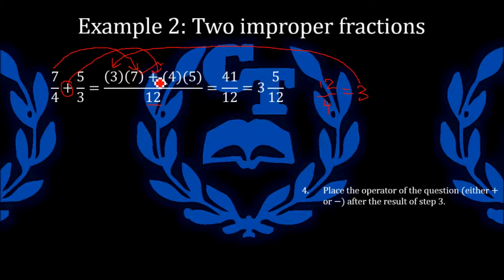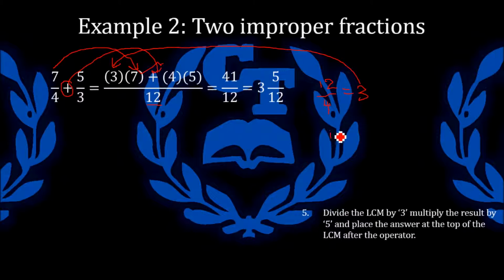After that, I take the LCM and divide it by 3. 12 divided by 3 is equal to 4. This result of 4 goes in here and is multiplied by the numerator of the 5 on 3.